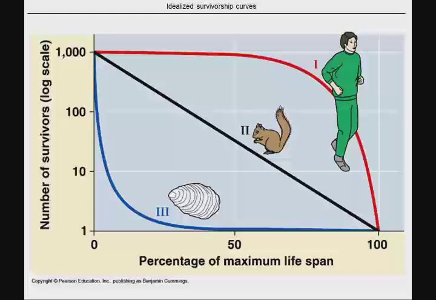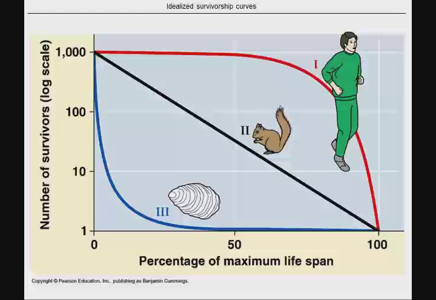So squirrels then have a type 2 curve, and that is basically a straight line under these parameters indicates a constant death rate over the lifespan, right? So you're just as likely basically to find any given age to have an even distribution along the age distribution of any squirrel in a population.